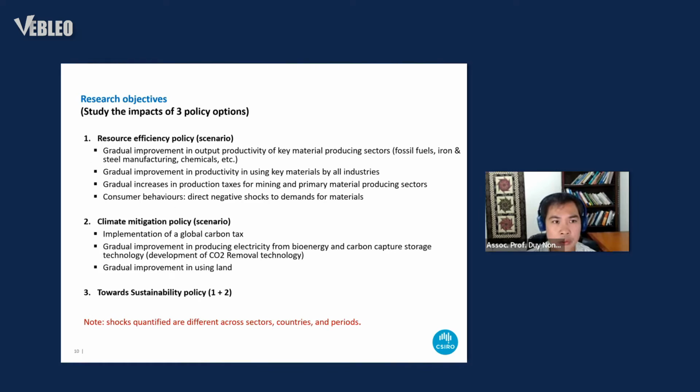So our objective here is to study the economic impact of three different policy options.